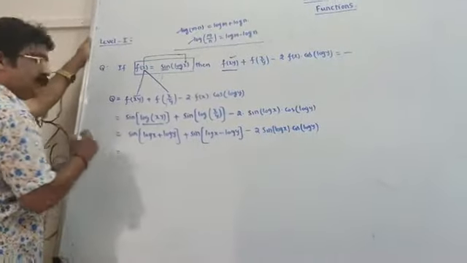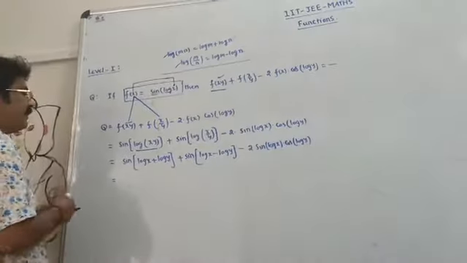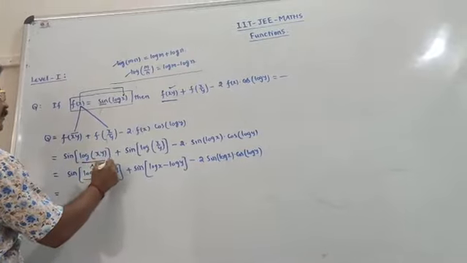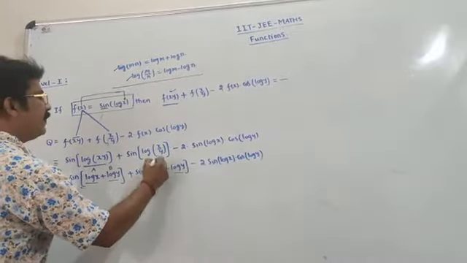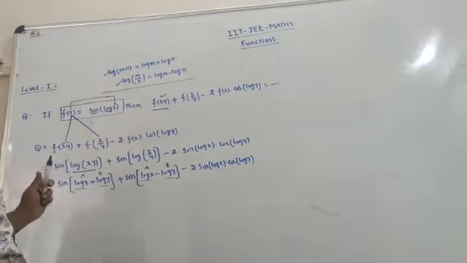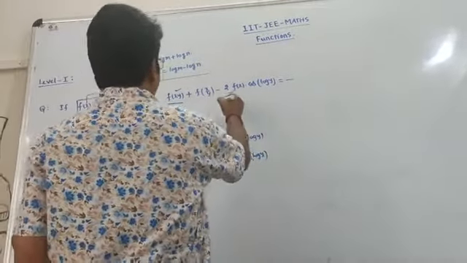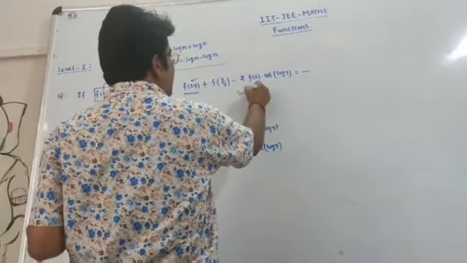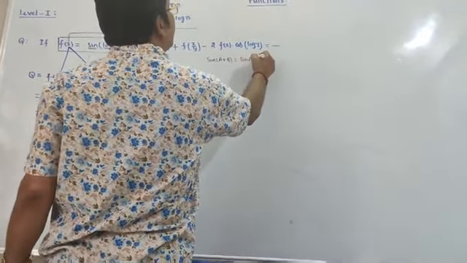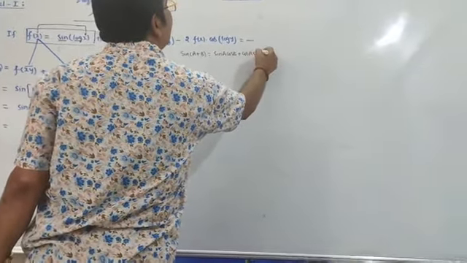So that is equal to, here sine of, it is in the form of sine of a plus b, and this is in the form of sine of a minus b. So I wish to recall the basic compound formulae, sine of a plus b and sine of a minus b. What is sine of a plus b? Sine of a plus b is equal to sine a cos b plus cos a sine b.